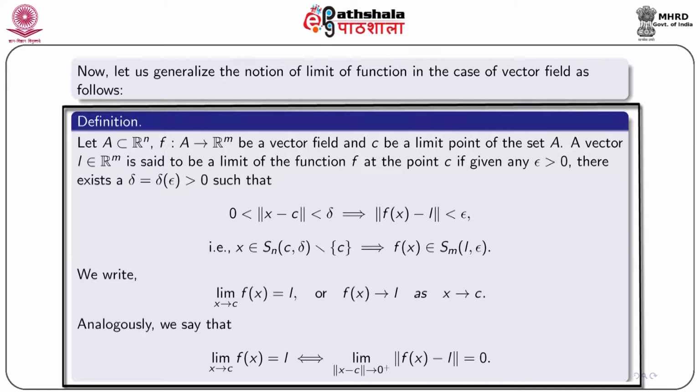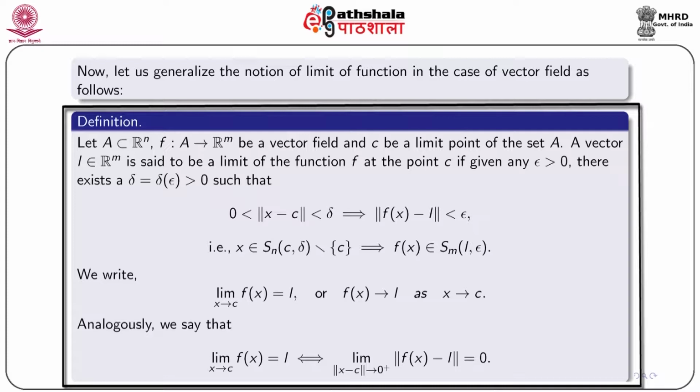Now, a vector L in R^m is said to be a limit of the function f at the point c if and only if, given any epsilon positive, there exists a delta depending on epsilon and positive such that whenever norm of the vector x minus c is positive but less than delta, we have norm of the vector f(x) minus L less than epsilon.